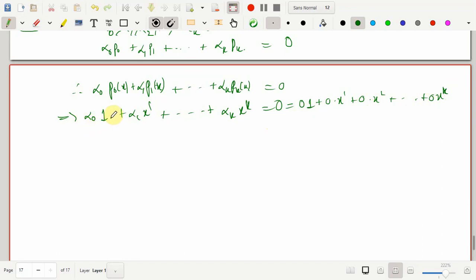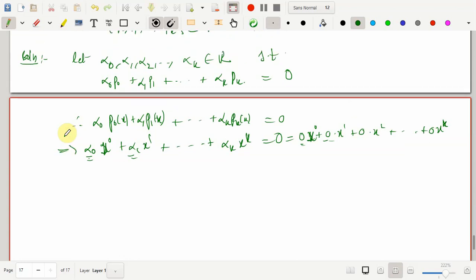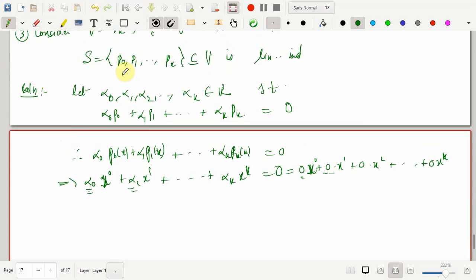When i is equal to 0, you get the coefficient of x raised to 0, so alpha naught is equal to 0, alpha 1 is also equal to 0, and this goes on till alpha k is equal to 0. That's enough to say that the set of p i's, where i is running from 0 to k, is linearly independent. Also take note that this S contains k plus 1 elements.